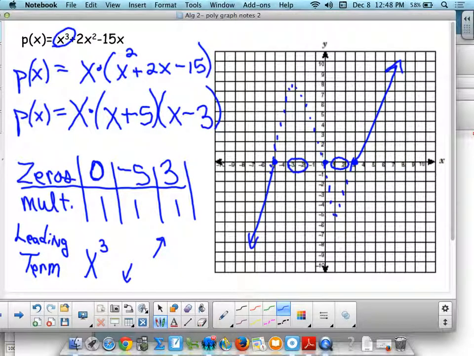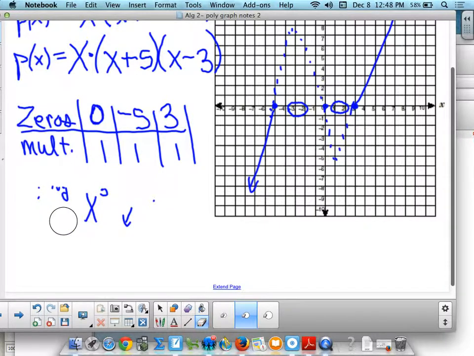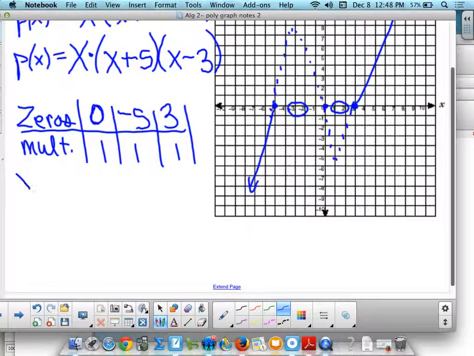So this one I'm going to try 4 numbers: negative 3, negative 2, 1 and 2. And I'm just plugging them in.